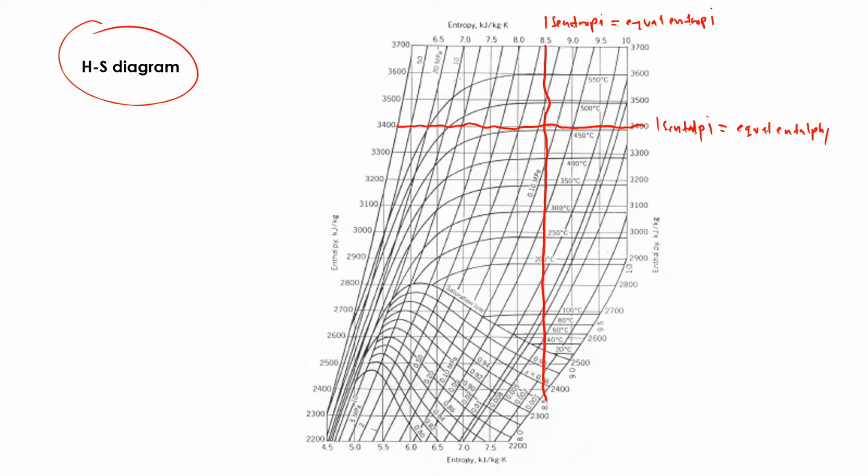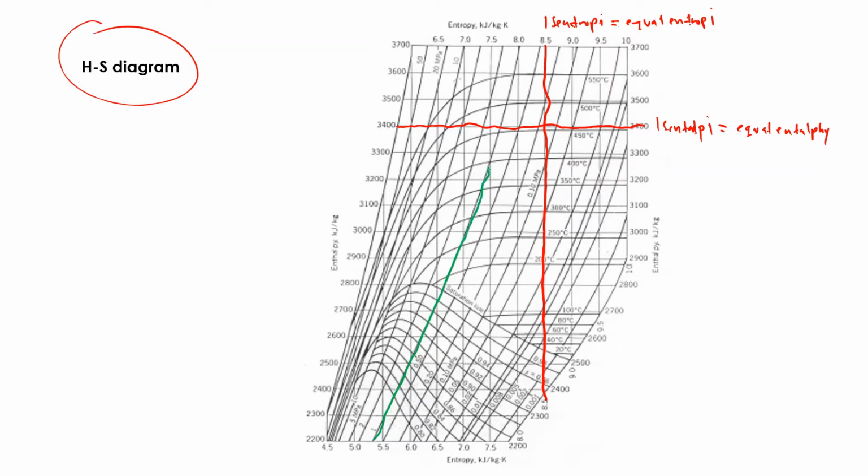Of course, enthalpy and entropy we don't use to operate our turbine. The ones that we typically use are the temperature and the pressure. So which one is the pressure line? For example, here, I will make a line here. So this line is the pressure line.